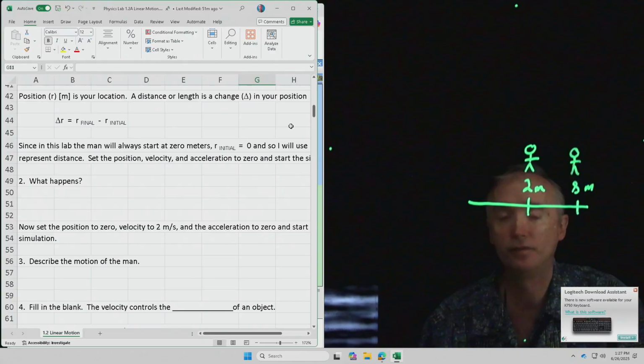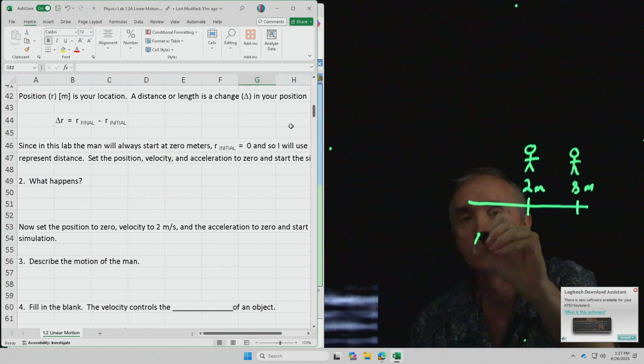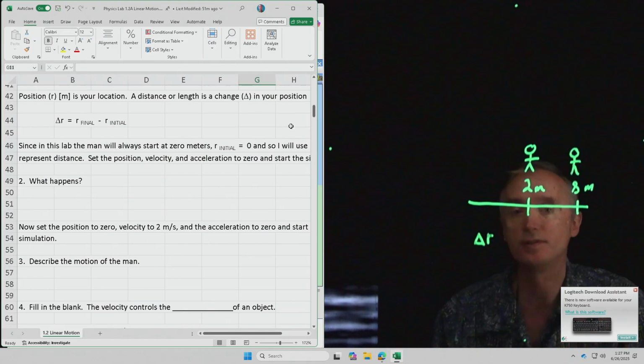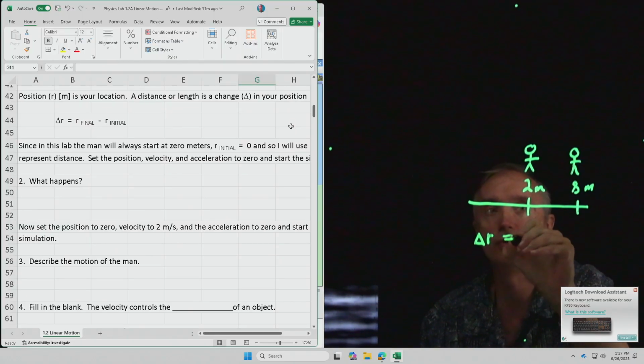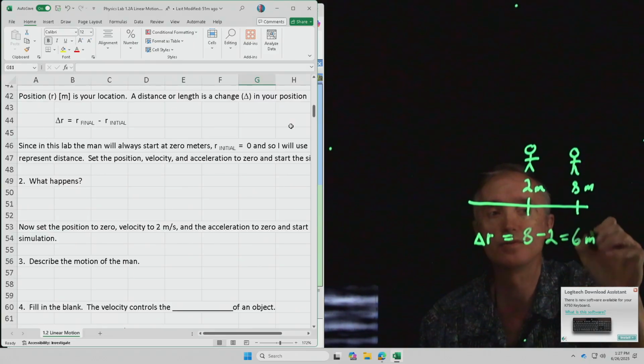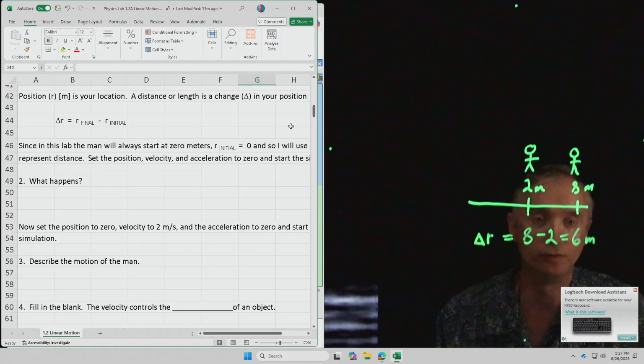To figure out the distance that he moves, which is technically delta r, his change in position, all we would have to do is take 8 minus 2, which is 6 meters. So that's how far he moved.